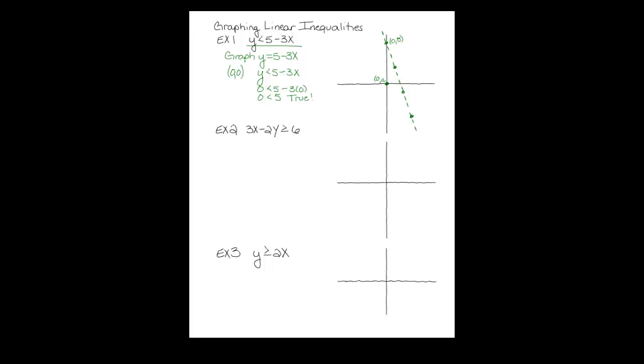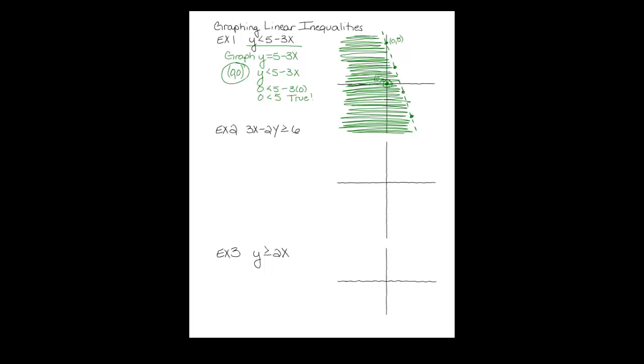So that indicates that the ordered pair 0, 0 is part of the solution set. So that means that every point on this side of the line, the same side as 0, 0, is also part of the solution set. So I'm going to shade the region here that is to the left or underneath the line.